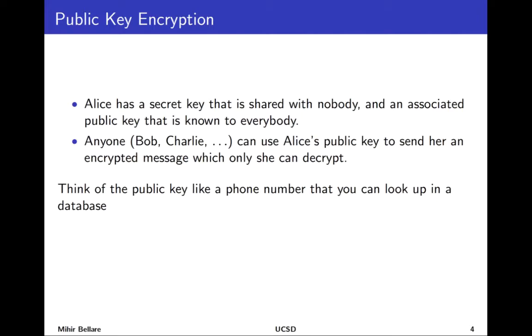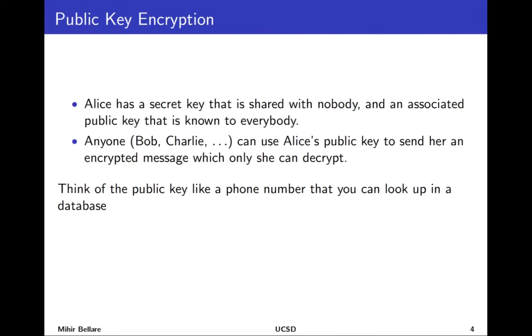The idea would be that Alice has a secret key. That key is private and personal to her. It's not shared with anybody, in particular not the person who is encrypting. However, something novel: this secret key has a public image, some kind of function of it that is in fact known to anyone.